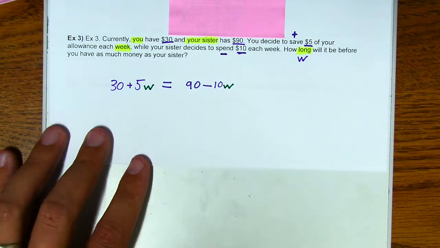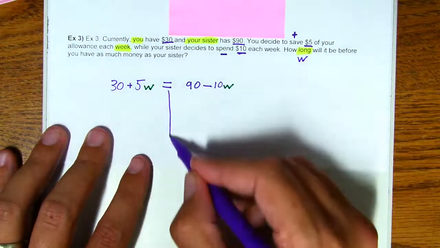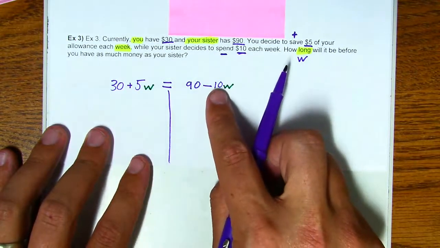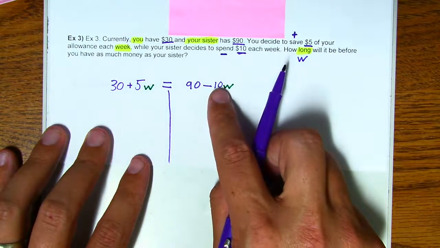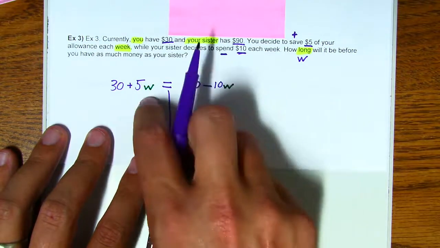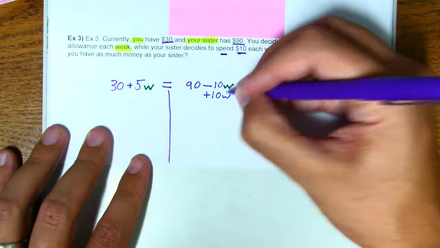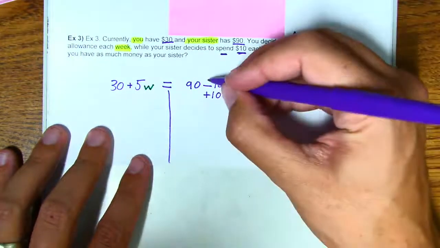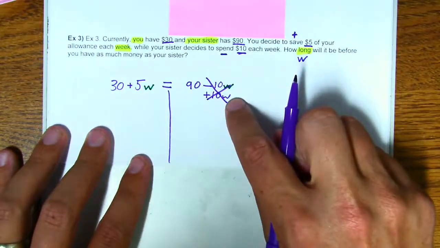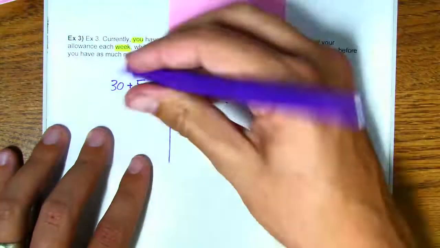Step number one, I need to move my W's to one side and my numbers to the other side. I'm going to move the W's first. I like dealing with negatives, so if this is negative 10W and I want to move it over here, I'm going to add 10W. When I add 10W, the whole thing cancels, including the W. But if I do that to this side, I'm going to do it to this side as well.